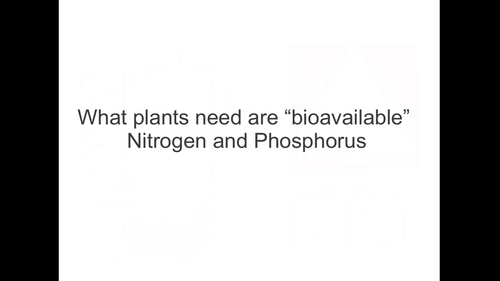So, when we're talking about macronutrients, specifically nitrogen and phosphorus, what plants really need are bioavailable nutrients. Bioavailable nutrients are exactly what you would expect them to be. They're nutrients that are actually available to the plant.